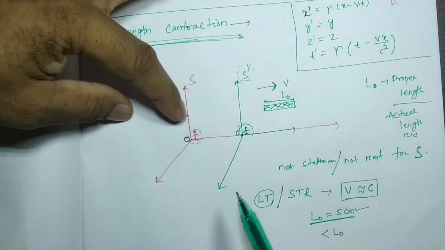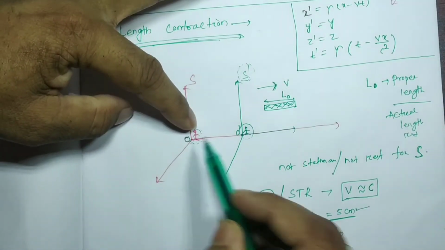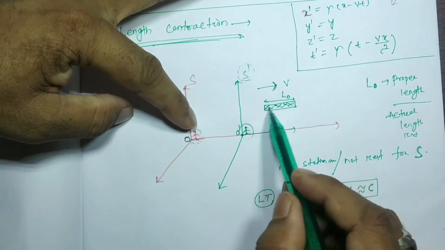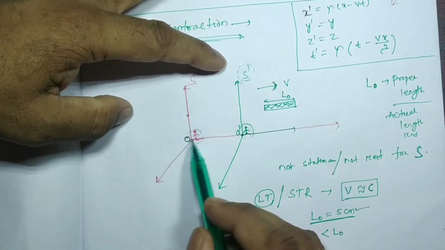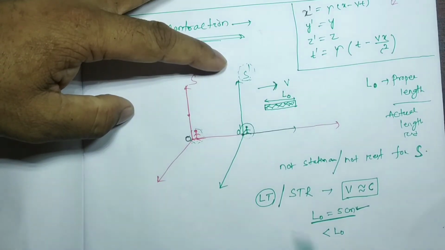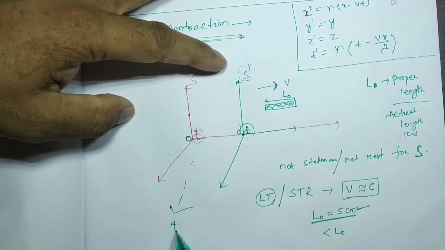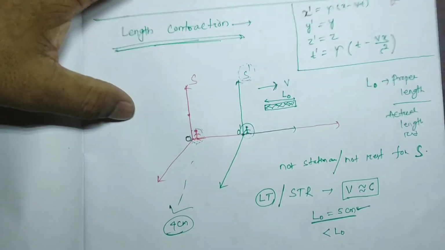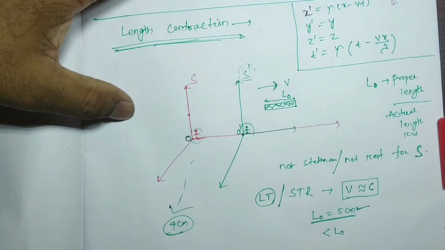If this observer measures the length of this rod, he will measure less than 5 centimeter, suppose we can say 4 centimeter. This is nothing but the so-called length contraction.